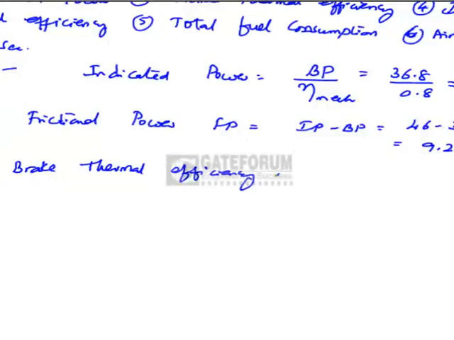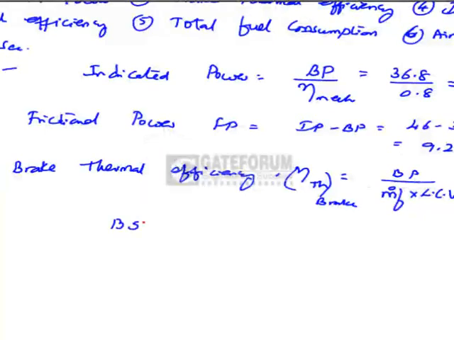Brake thermal efficiency is equal to brake power divided by mass consumption rate of the fuel into lower calorific value, that is BSFC. BSFC is equal to 0.4068 divided by 3600.